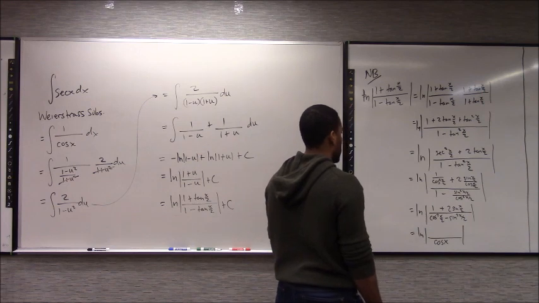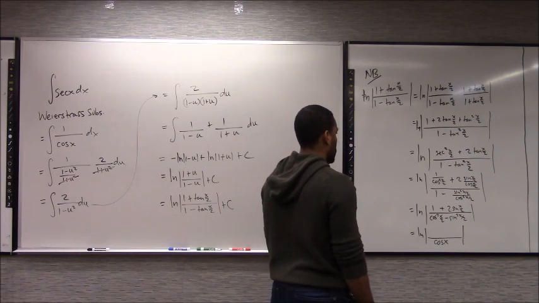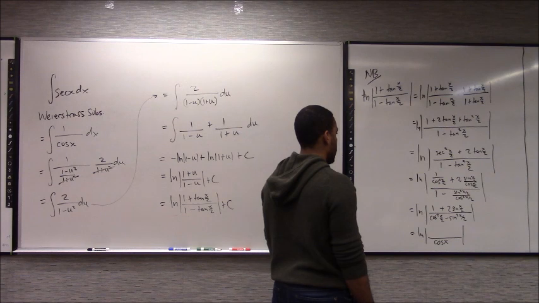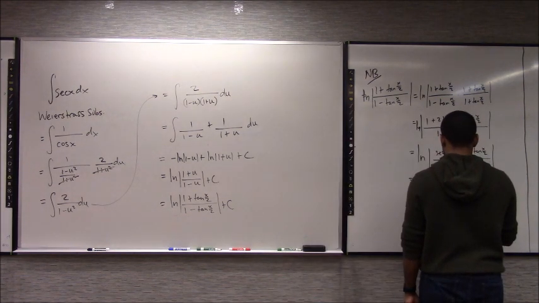And in the numerator, what can we do here? One plus 2 sine x over 2 cosine x over 2, creating a common denominator in the top.